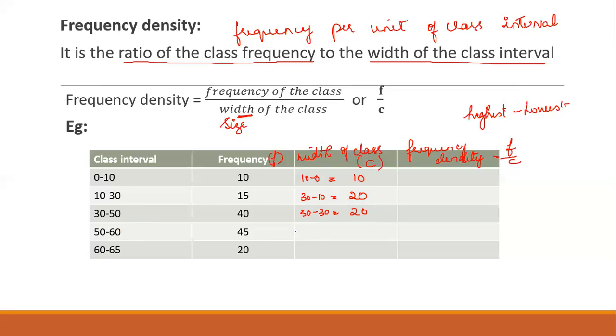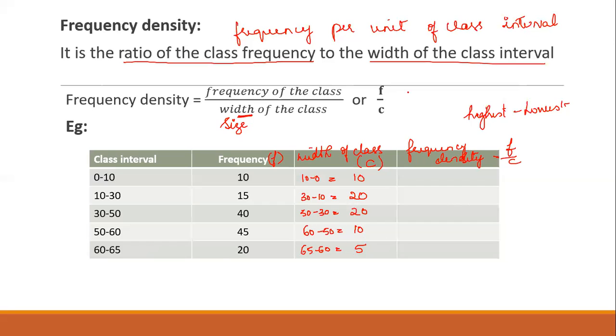Next, 50 to 60, highest minus the lowest, that is nothing but 10. 60 to 65, that is 65 minus 60, which will be 5. So this is the size or the width of the class. The class interval is size. So in the first it is 10, the second is 20, the third is also 20, the fourth is 10, and the fifth is 5. For 60 to 65, the size is 5.